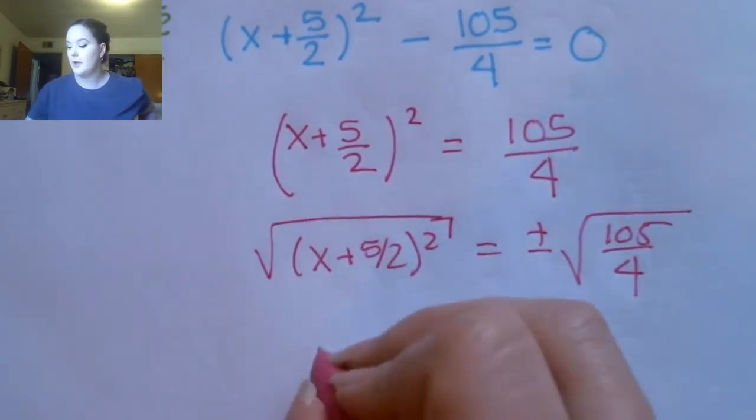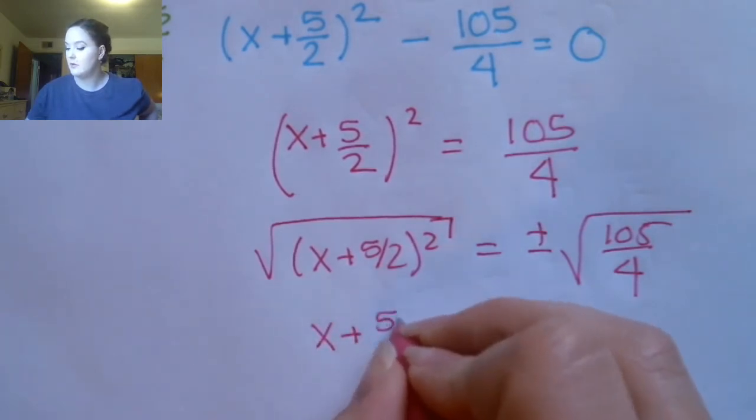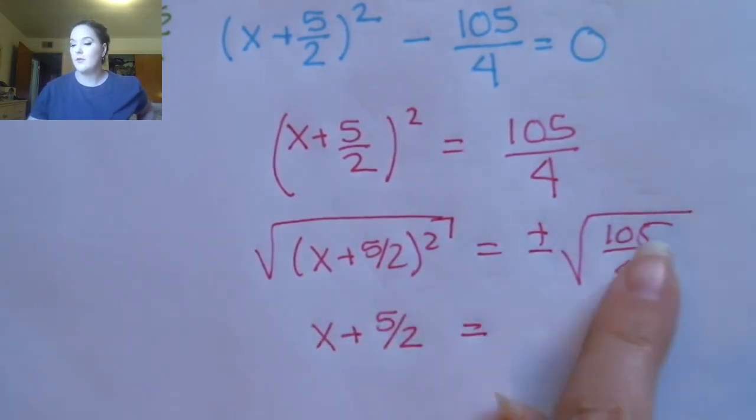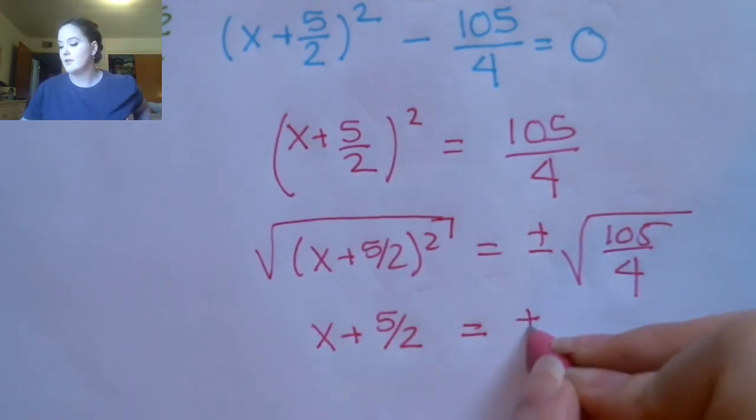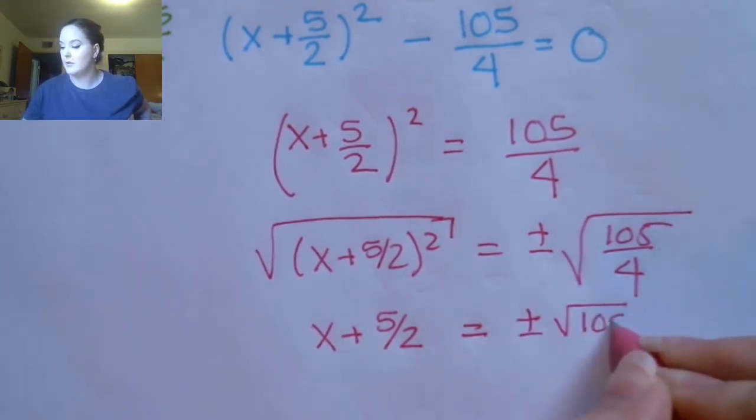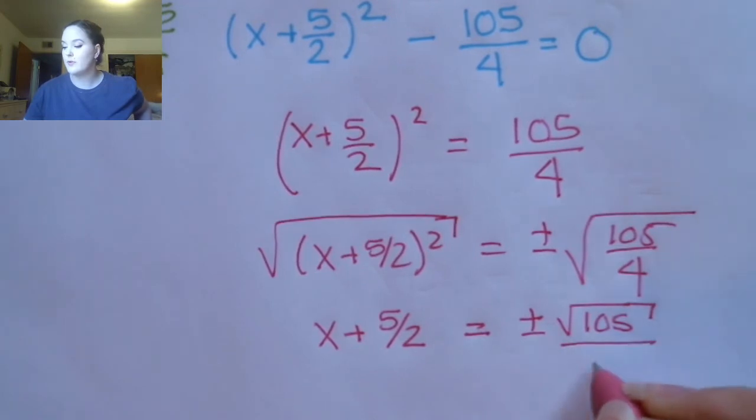So over here I'm going to get x plus 5 over 2. Now over here the square root of 105 isn't something that I know the answer to, but I do know that the square root of 4 is 2.